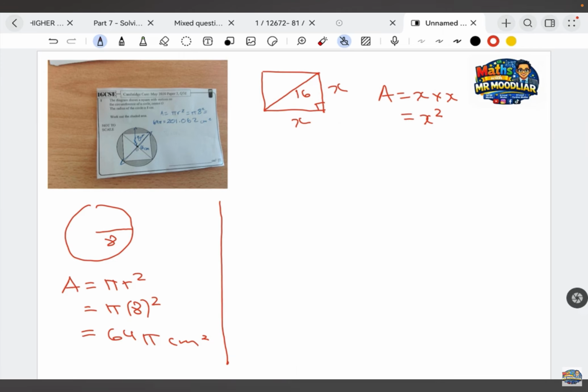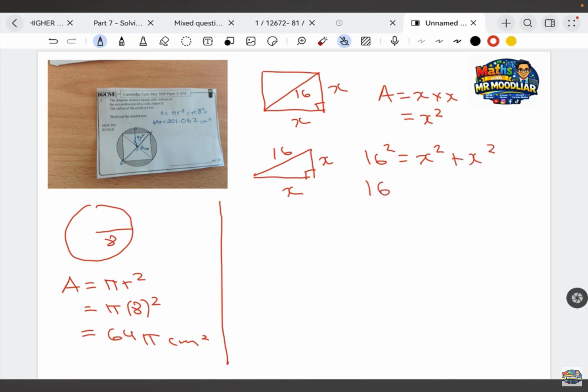To work out the area of that shaded region, here is how to work out the value of x. This is 16, and this is x squared, this is x, and that is x. Using Pythagoras theorem, 16 squared is going to give you x squared plus x squared.